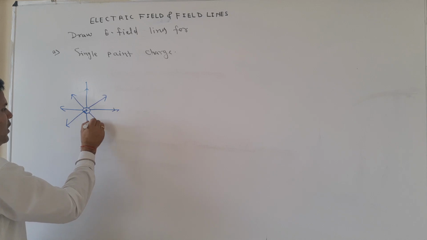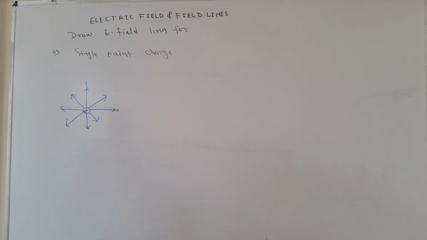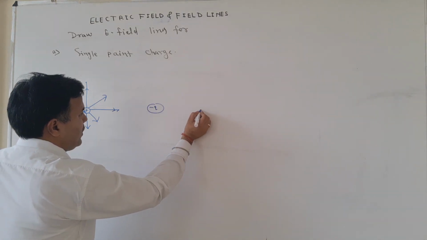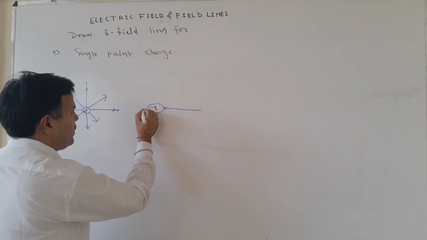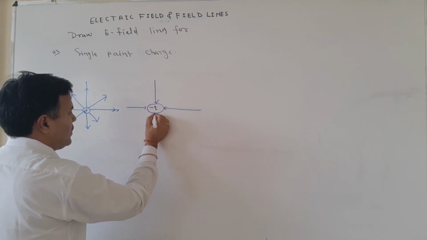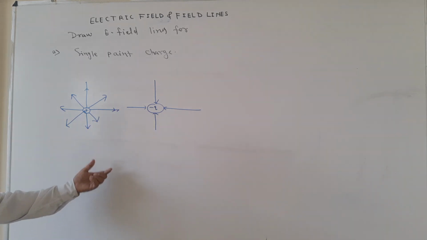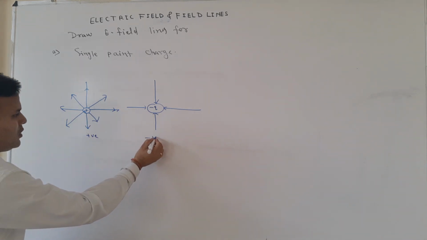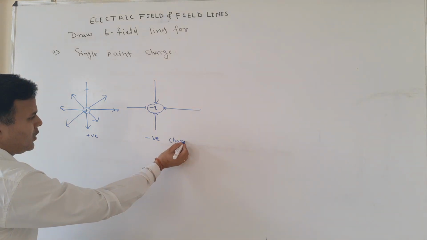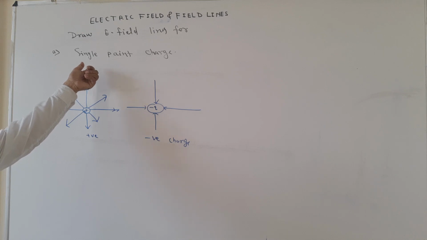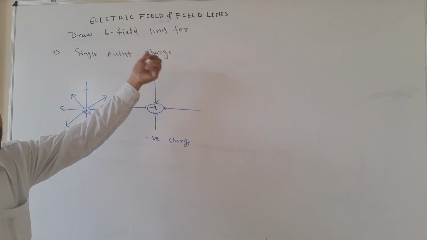Electric field lines are away from this positive charge. If it is negative, then electric field lines come towards the charge. So we have two different situations, one due to positive charge and another due to negative charge. So we can draw field lines due to a single point charge.